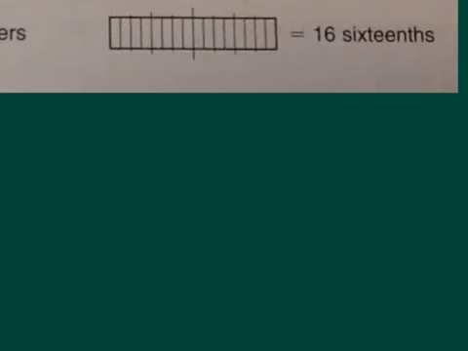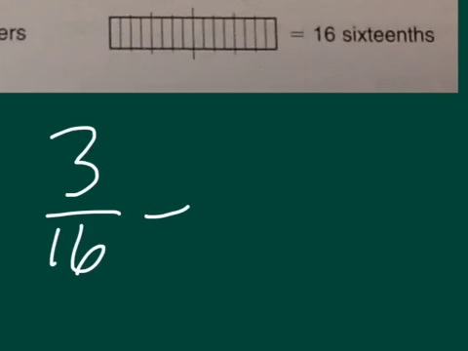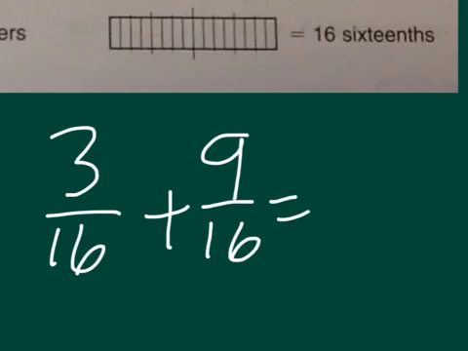Now the next problem, letter B, has you adding 16ths. So we have 3/16 plus 9/16 equals something. Now let me get my different colors. Those are my 3/16. What about my 9/16?